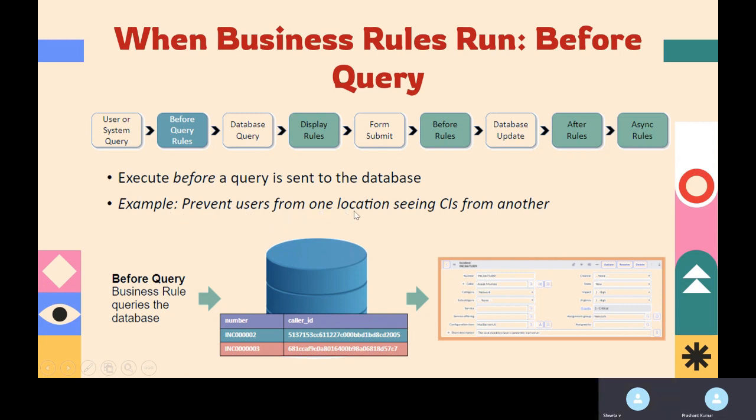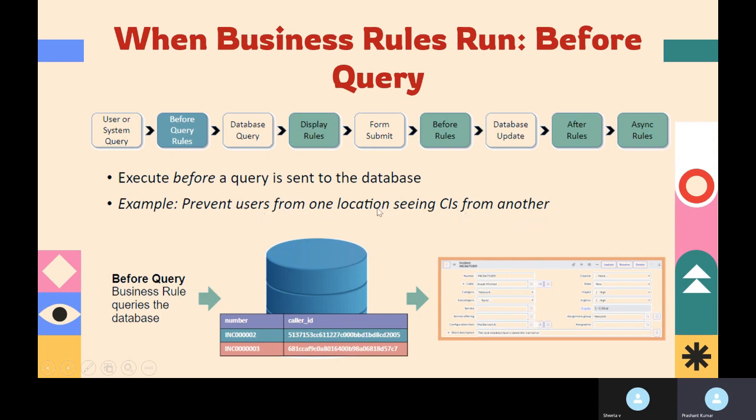Suppose: prevent users from one location seeing CIs from another. I have also told you an example of how we view the incidents for a particular location.